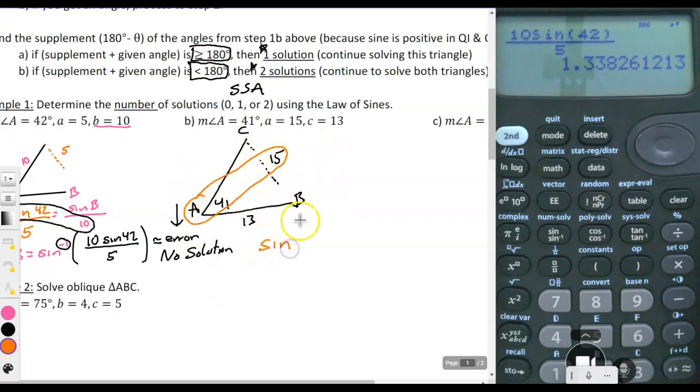So sine of, what was it, 41, over 15 equals sine of C over 13.